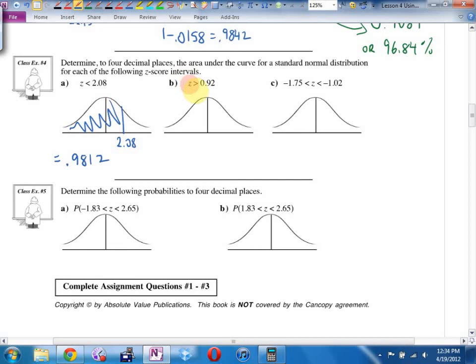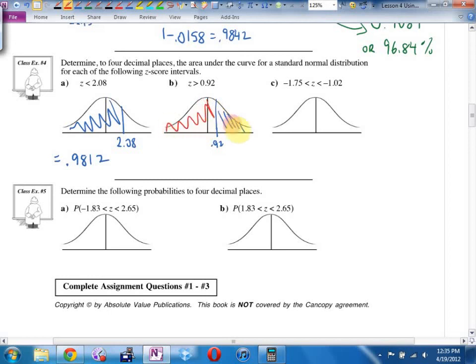What if I want to find all the areas of z-scores greater than, bigger than, to the right of 0.92? So 0.92 is right about there. By the way, you guys understand how I know where to sketch it? Because what's dead center? 0. So positive to the right, negative to the left. 0.92 about there. And they want these areas. I can't find those directly. My table will tell me that area.